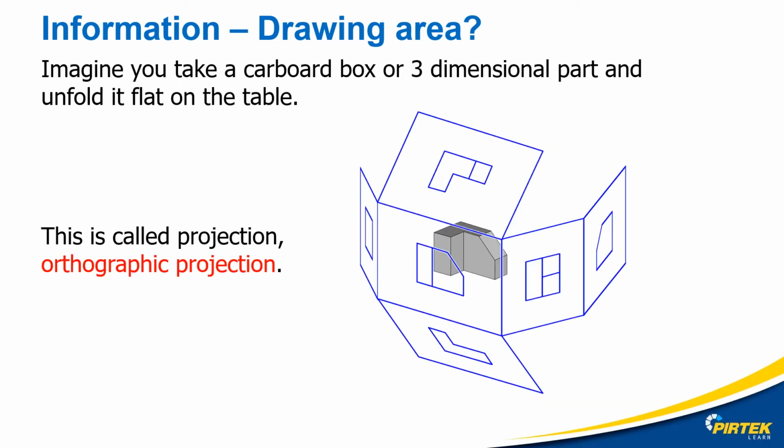With engineering drawings, when we view the part from multiple viewpoints, this is called orthographic projection. Imagine taking a cardboard box, unfolding it, and putting it flat on the table. You'd see all the views as an orthographic projection.